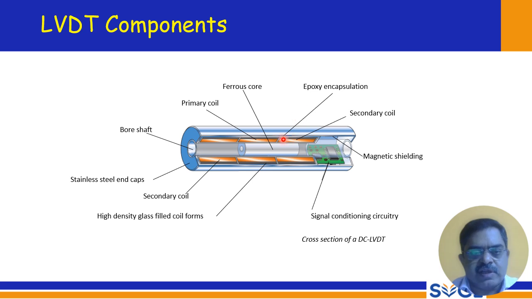And this is epoxy encapsulation for shielding purpose, and this is a high density glass filled coil form. So all this shielding is provided to arrest the leakage, or the interaction of the coil with environmental factors.